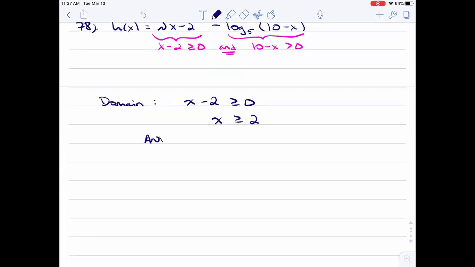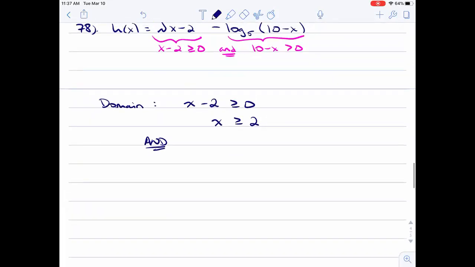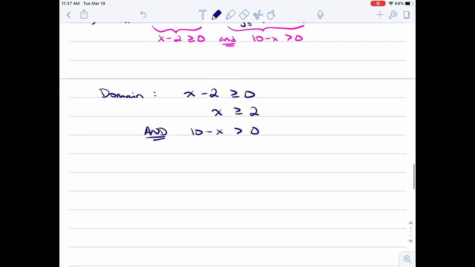And 10 minus x has to be greater than 0. Right? It can't be equal to 0. So then we know that 10 minus x, we can move the minus x to the right-hand side. 10 has to be greater than x, right? Just adding x to both sides.